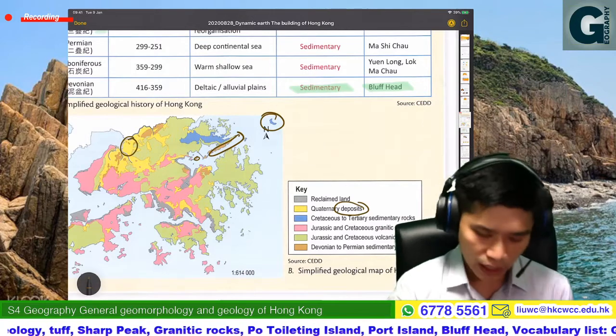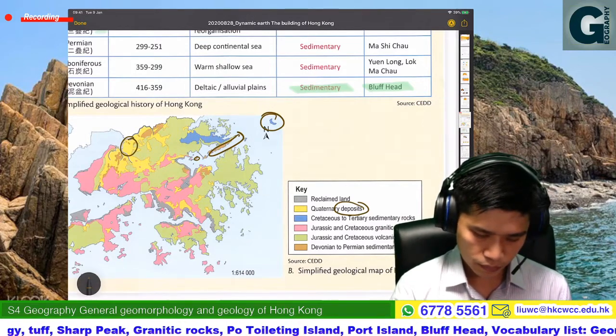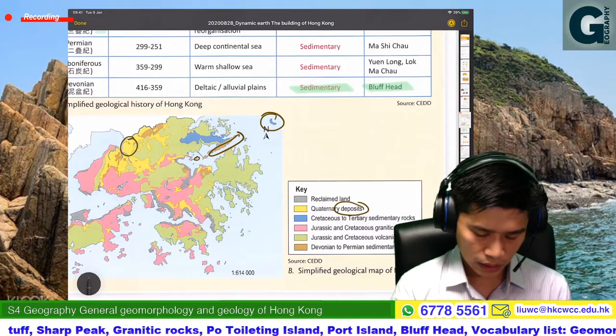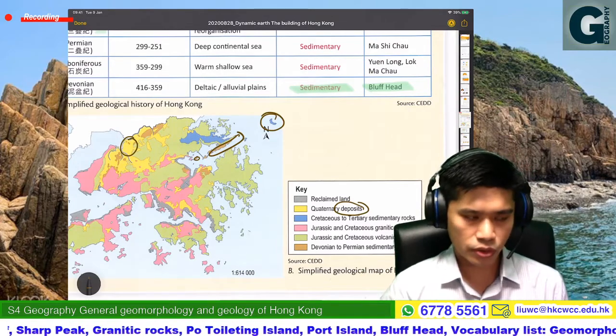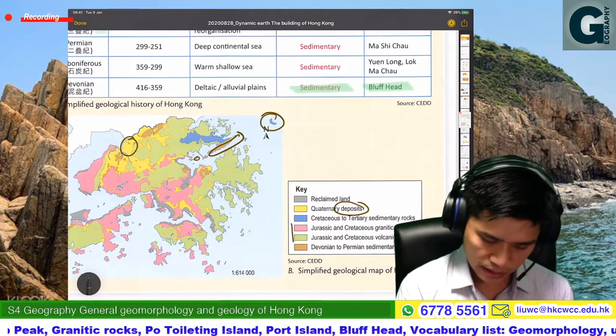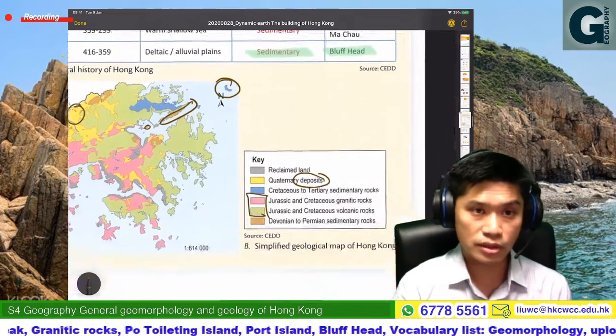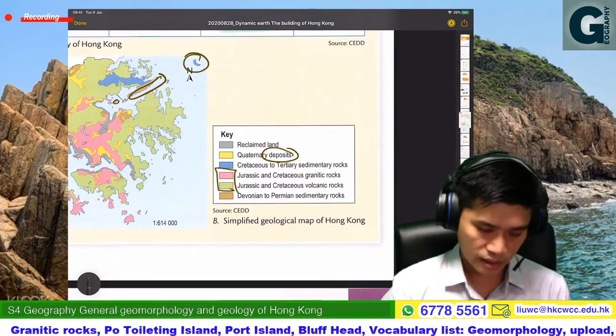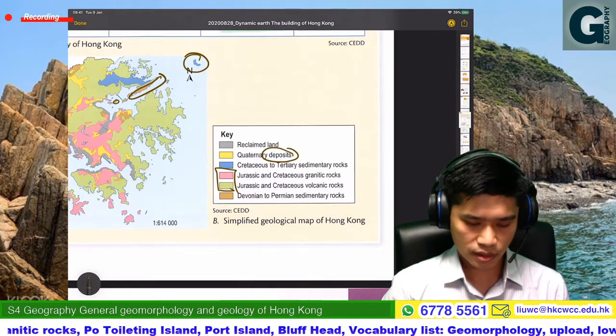Okay, and then for the others, like the volcanic rocks and also granitic rocks. Okay, so the pink and the green, you can see that is formed between the Jurassic period and then the Cretaceous period.